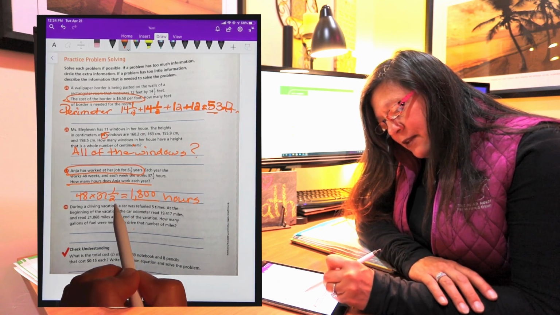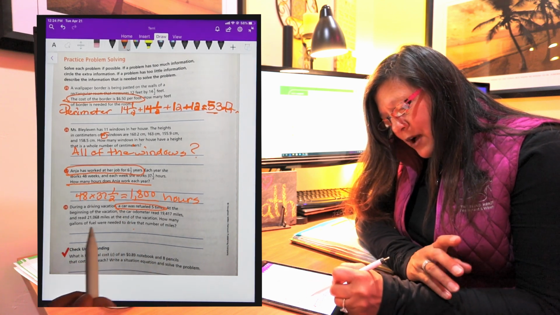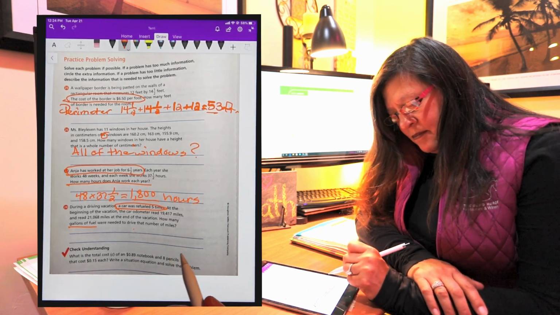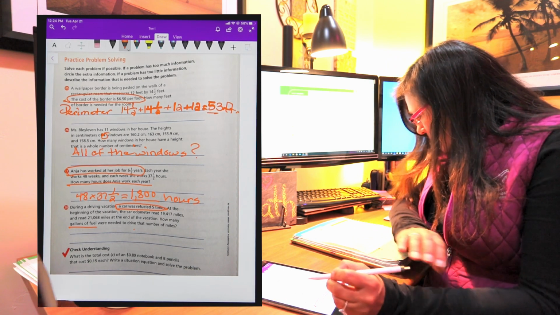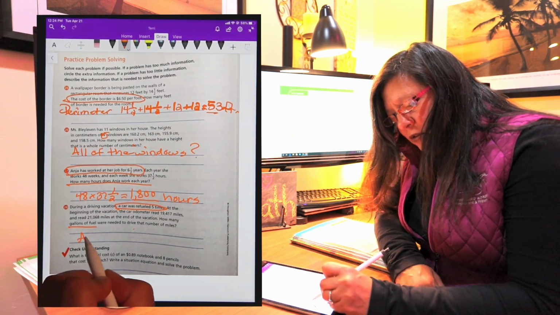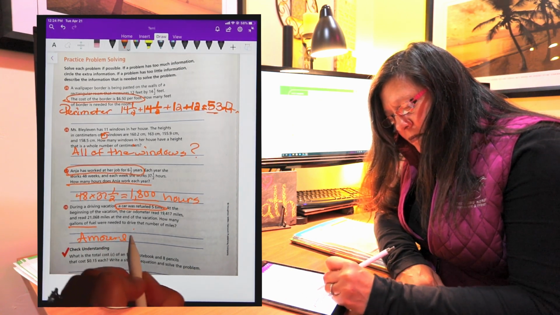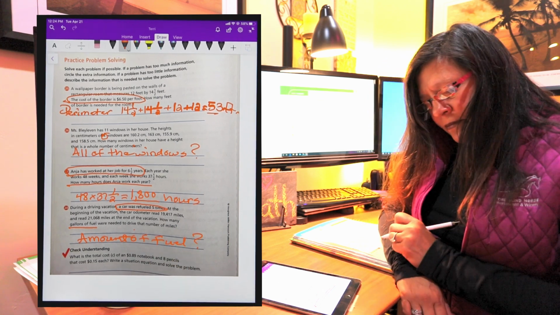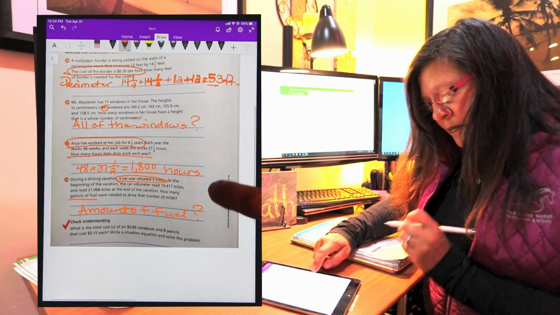Well, it said it was refueled 5 times, but we don't know how many gallons went in each time. Okay, so there's not enough information. We don't know the amount of fuel each time. We just know how many times. So that is missing information.